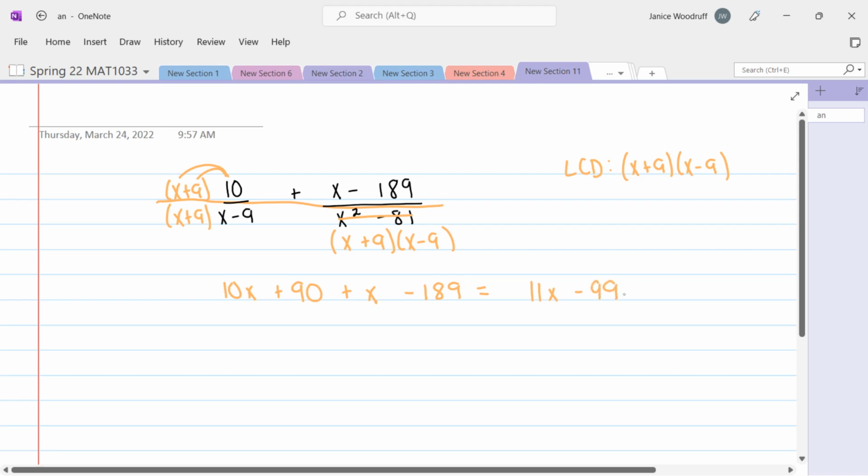Can I factor that? What can I pull out of that? So that'll give us 11 times x minus 9. And then we'll put that over the LCD. Get my acronyms right here. And then we can cross out our x minus 9s. So then our answer there is 11 over x plus 9.